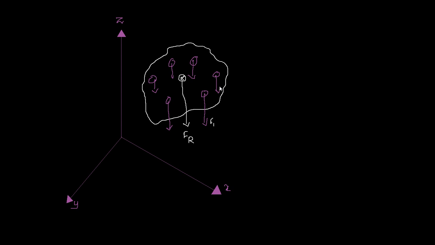Now you have F1, F2, F3, etc. up to Fn here, and you have the resultant force now. And the point through which the resultant force of a body acts, or the resultant force of the body originates, is called the center of gravity, COG. And in this case, the resultant force will be the total weight of this body.